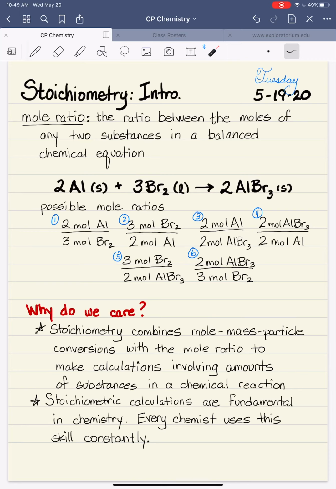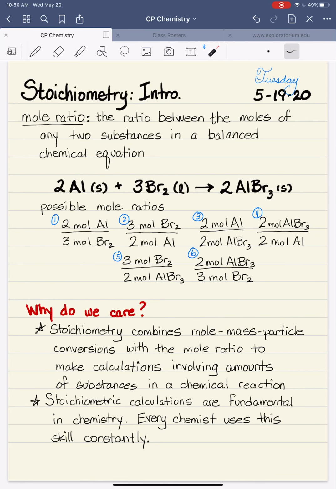What we do is combine what we've already learned about mole, mass, and particle conversions, and then we add this mole ratio, and now we've got the power to do a huge amount of different kinds of equations. We could start asking questions like, if all I have is 2 grams of aluminum, how many grams of aluminum bromide could I possibly make? Well, we need both of these things to do that, and we'll put them together.